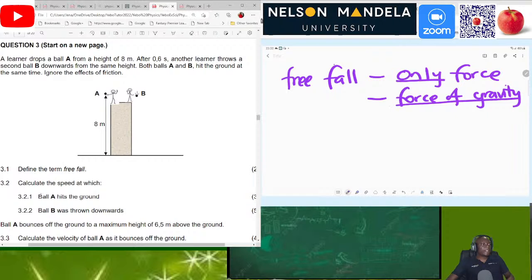And calculate the speed at which ball A hits the ground. So which equation do we use? We have a number of equations we can use there.